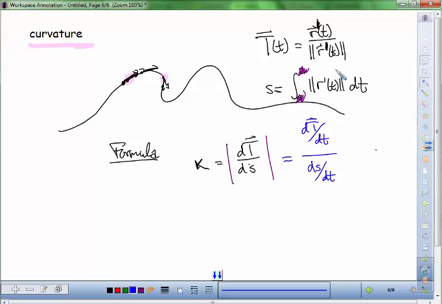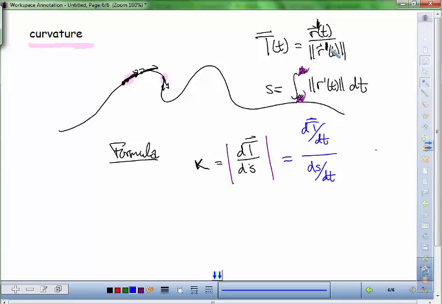Oh boy, what's the derivative of T with respect to t?